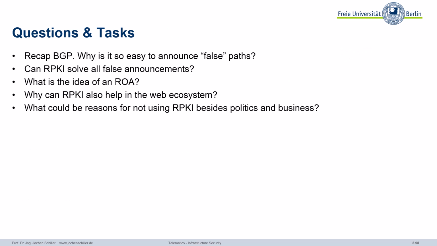So go back to BGP, and then you will understand why it's that easy to announce false paths. Why is it so easy to lie? We saw RPKI, in a very short, brief introduction, and we saw that we can solve some of the issues, but we cannot solve all the problems in this context with BGP. So which problem can we not solve here?